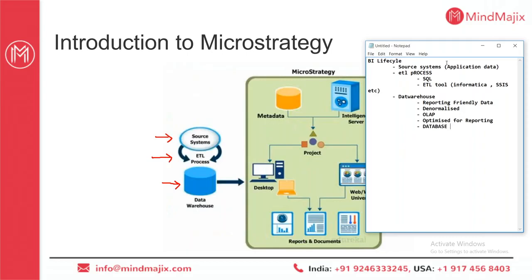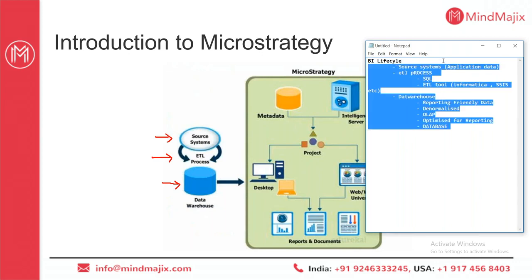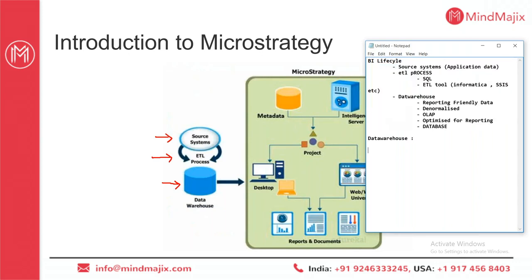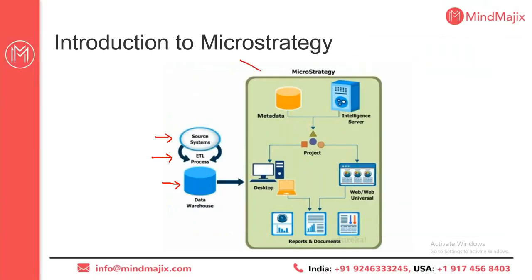So these 3 steps that I showed you are outside the MicroStrategy world. Before you start your MicroStrategy reporting, these are the steps involved in the BI life cycle. After you get your data warehouse, you can start with the MicroStrategy connection to the data warehouse and start doing your reporting. That is where this part comes into the picture. This whole diagram here, this is where MicroStrategy comes into the picture.